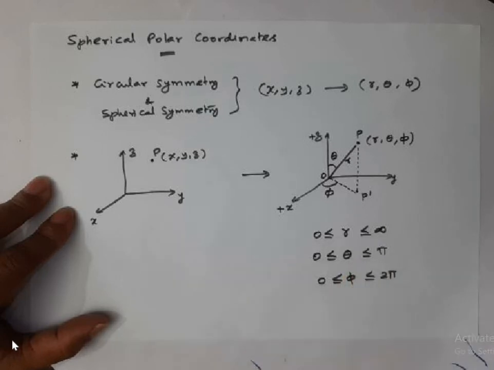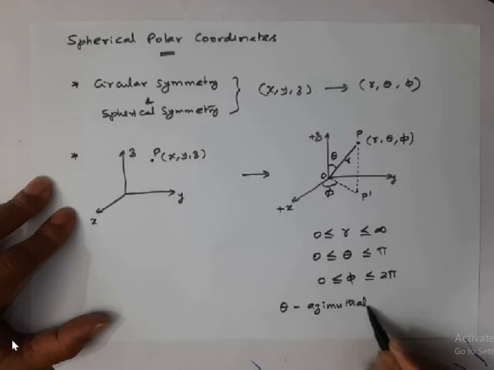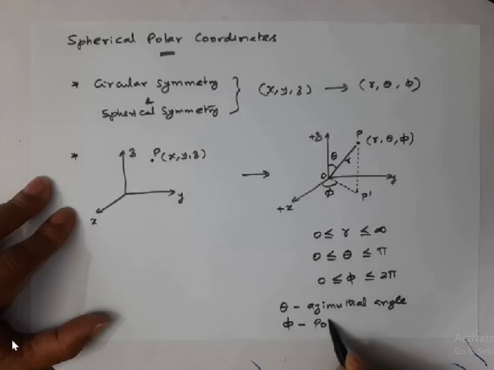Theta is usually called the azimuthal angle, and phi is usually called the polar angle.